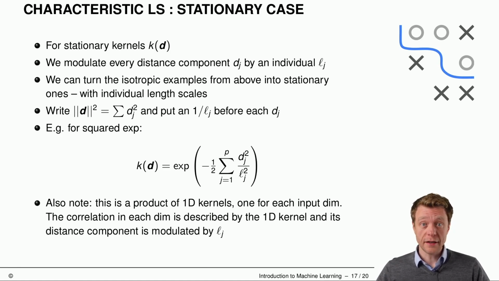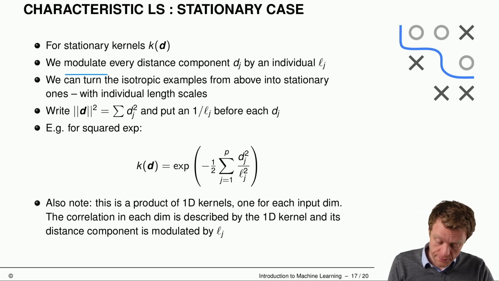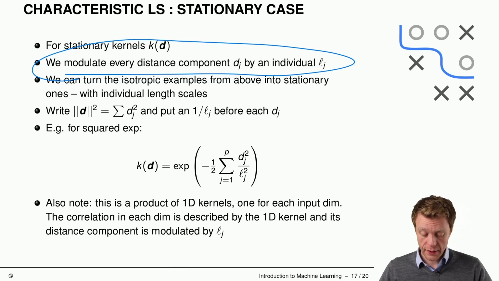Now we can look at stationary kernels again. And what we want to do now, as in the radial periodic kernel, where we had different periods for different dimensions, is that we can also have different distance components, or we can modulate every distance component by an individual length scale, Lj.